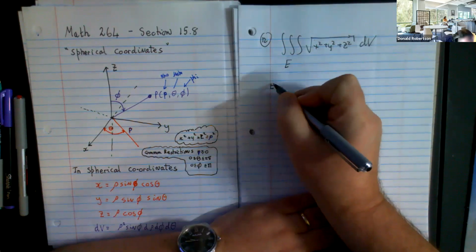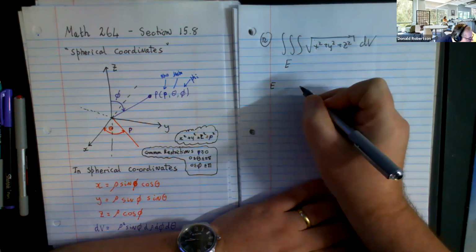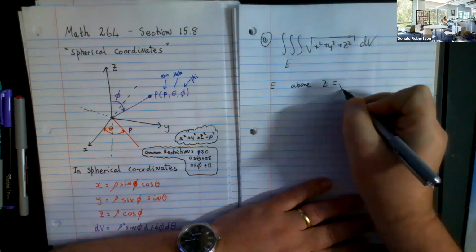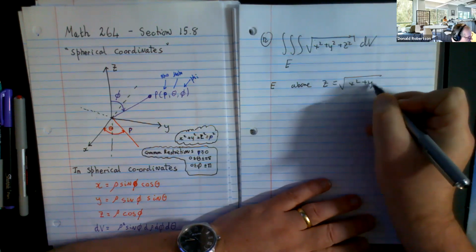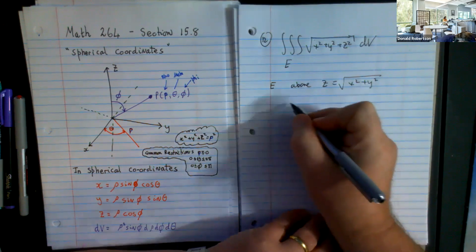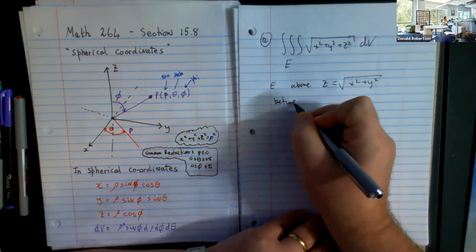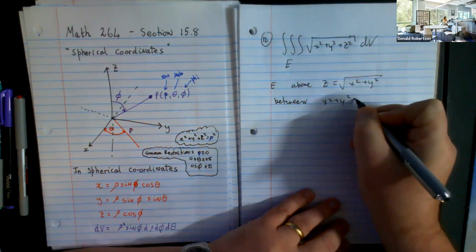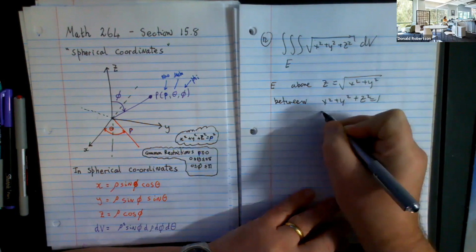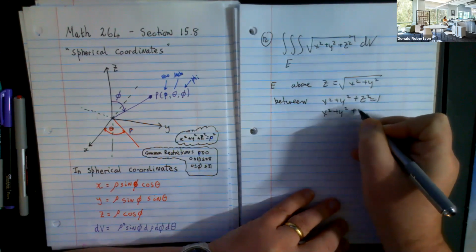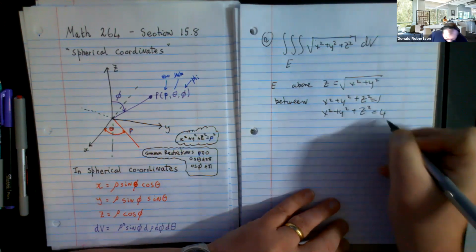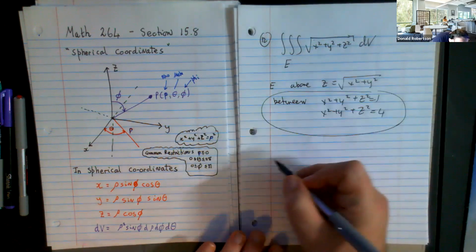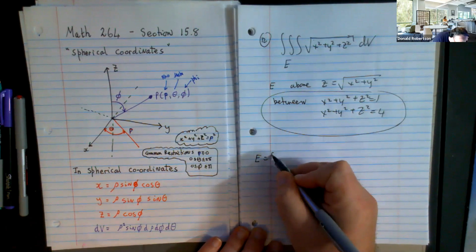And E is described as above a cone and between some spheres. Oh, that's good. It takes longer to write it than it does to do it. Okay. I need to figure out what E is. That's all I've really got time for.